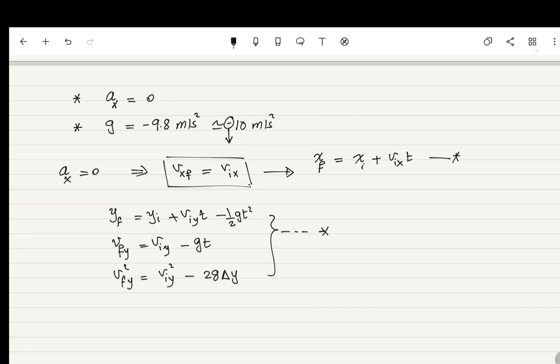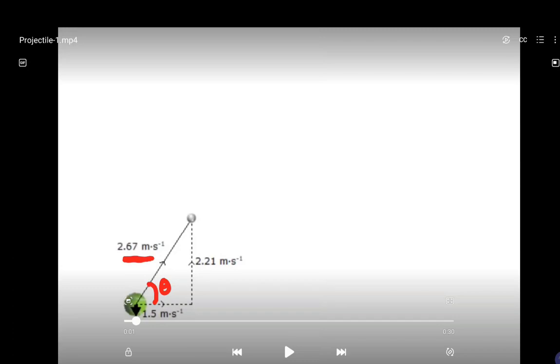Let's look at this model. As we can see, a ball is fired at some angle theta with an initial velocity of 2.67 meters per second. The black arrow is the acceleration.